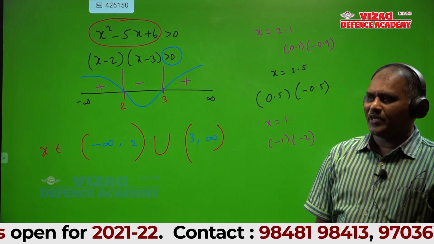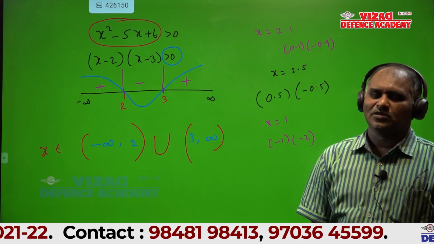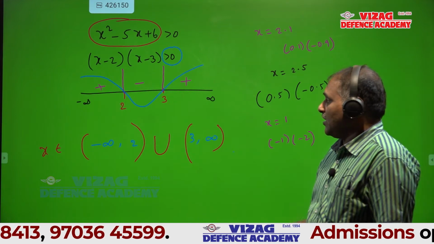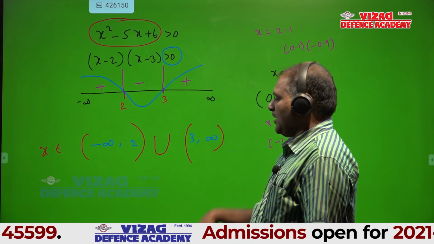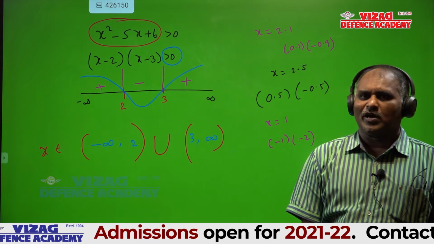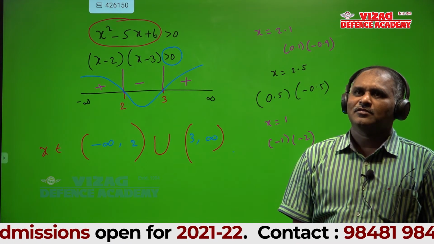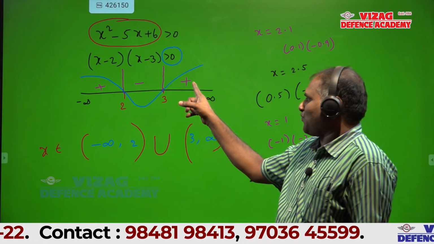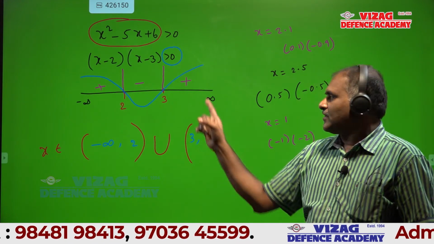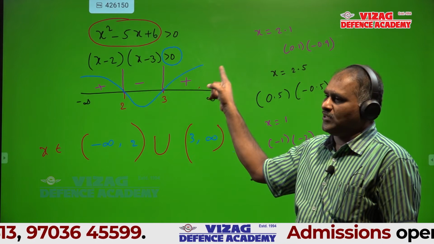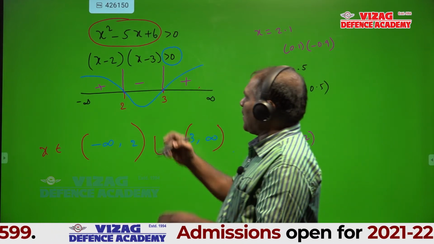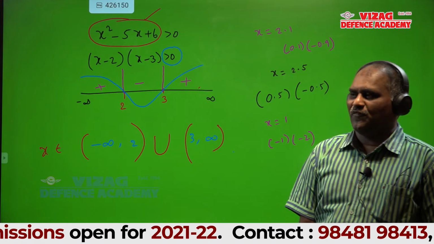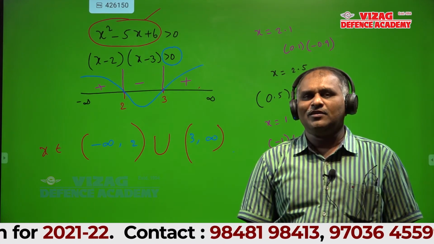Copy it quickly. In 3 to infinity, all values are positive or not? It's not a number sign; that positive sign represents the function sign in between 3 to infinity.